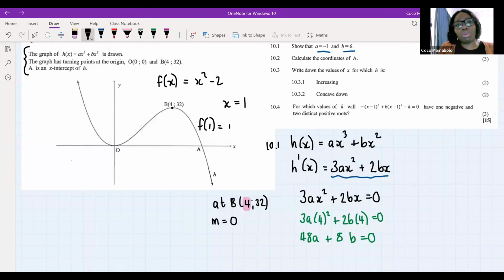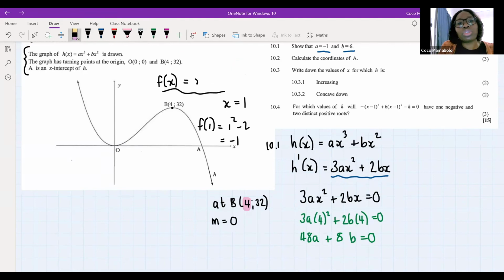I'm going to get 1 squared minus 2, and that's going to equal -1. So that means on my graph of my quadratic function, there'll be a point (1; -1). I hope you guys understand that. So how did I find this -1 over here? I used my quadratic function.